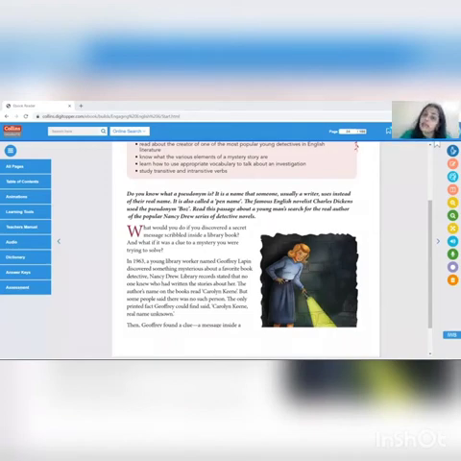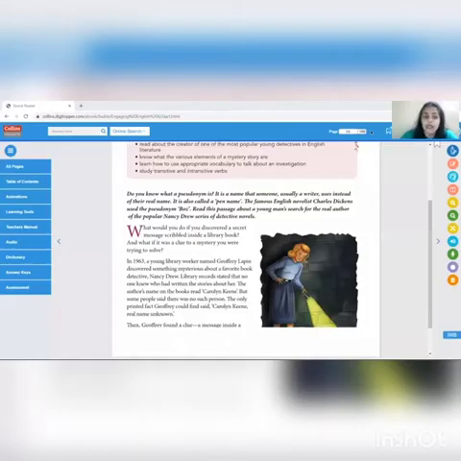He had finally got a clue to uncover or find out something about that mysterious writer whom he wanted to know about. Okay, so in 1963, a young library worker named Geoffrey Lupin discovered something mysterious about a favorite book detective, Nancy Drew.